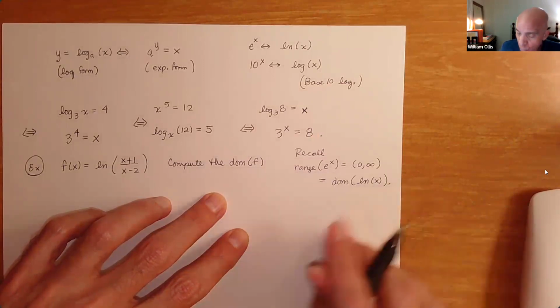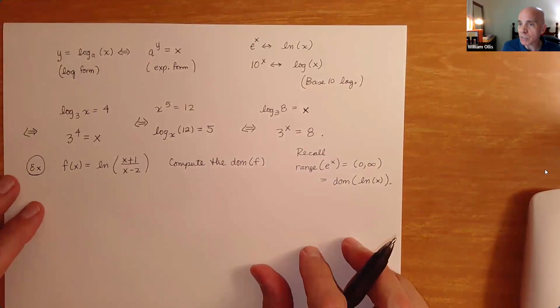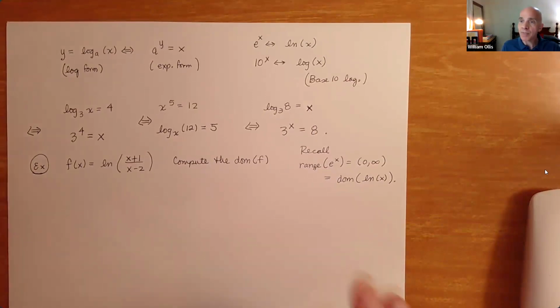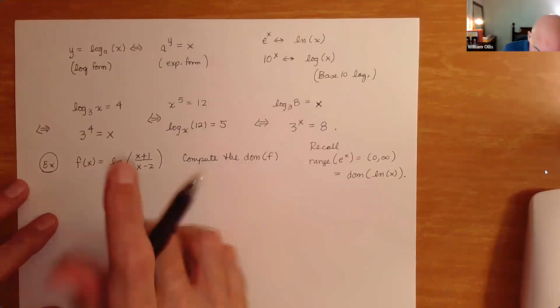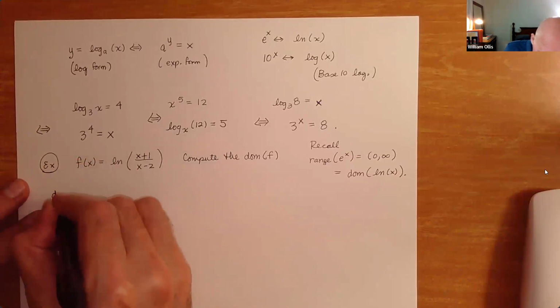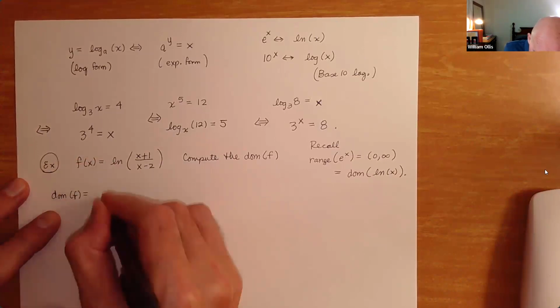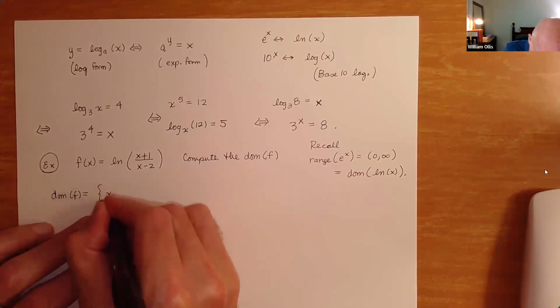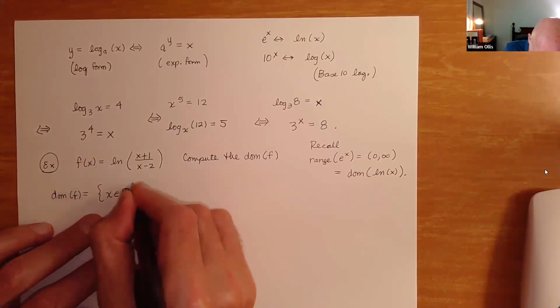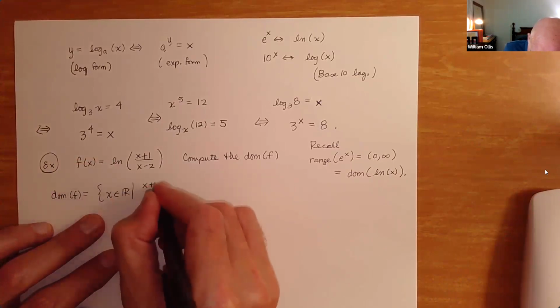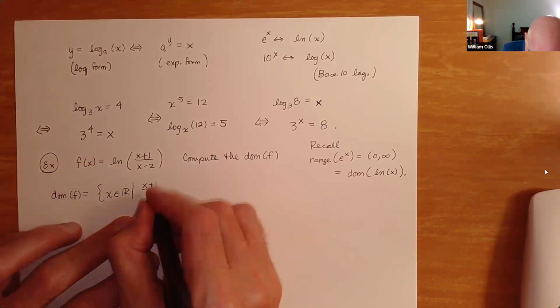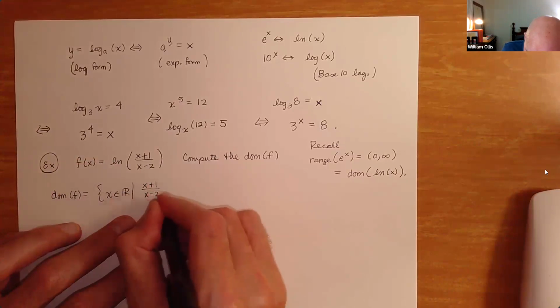Just like what we did when we talked about one-to-one functions, the domains and ranges just interchange. What's a logarithm? Power of the base. So now this will say the domain of f will be all real numbers x such that (x plus 1) divided by (x minus 2) is indeed positive.